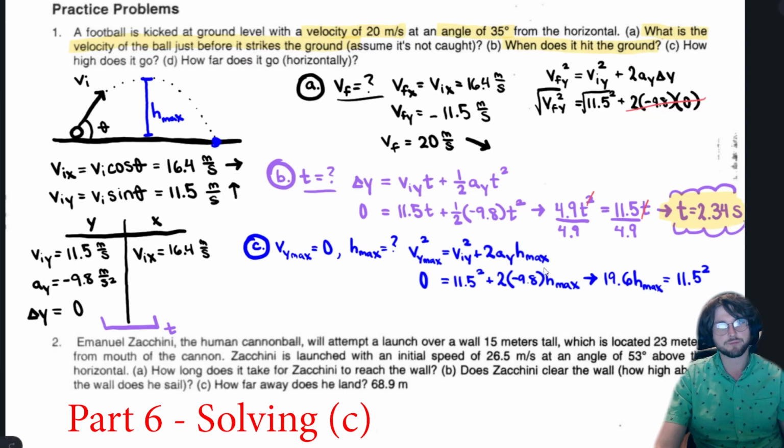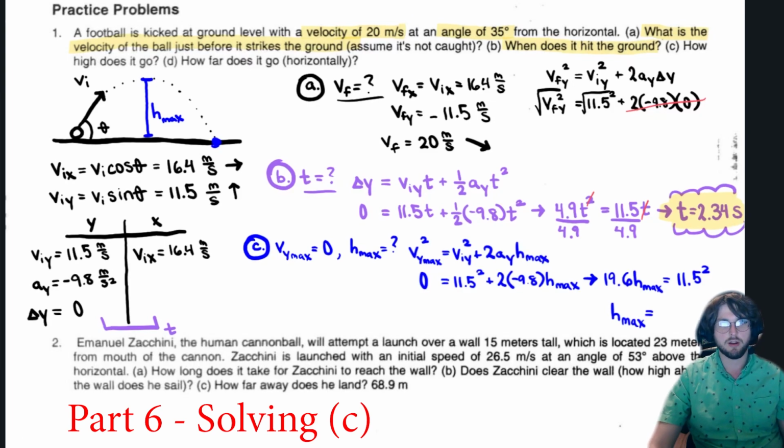Okay. And if you go ahead and run the numbers on that, then you're dividing both sides by 19.6 there, and you should get a value of about 6.73 meters. Cool, cool.